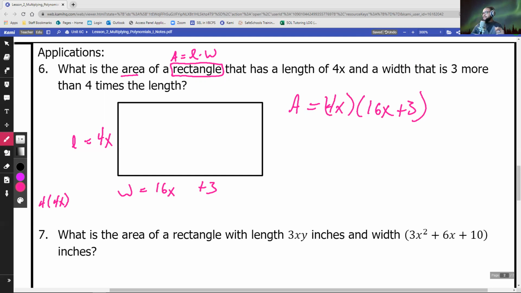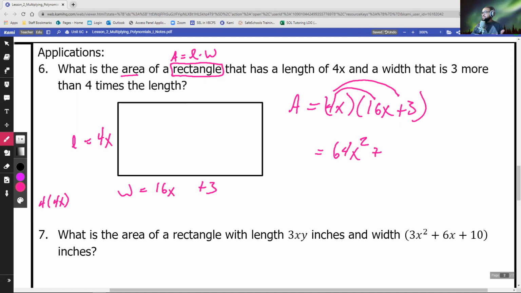With this 4x times 16x plus 3, we distribute the 4x to the 16x and to that 3. And when we do that, 4x times 16x, 4 times 16, you can go ahead and plug that into your Desmos. I believe that's 64. If I'm wrong, somebody let me know. Or just type it in the calculator and use that answer. 64x squared, don't forget because we have x times x, it's going to be x squared.